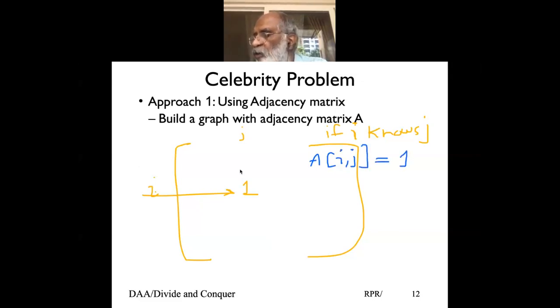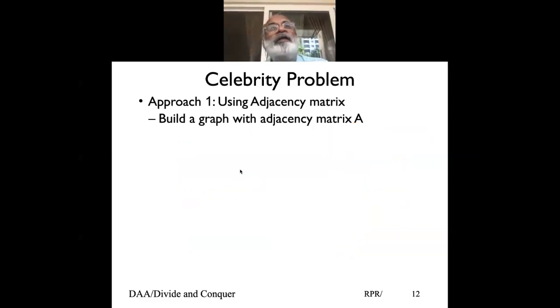If i does not know j, then a_ij is equal to 0. So the adjacency matrix has only 2 entries: if the value is 1, that means i knows j, otherwise the value is 0. Now using this, can we figure out the celebrity?